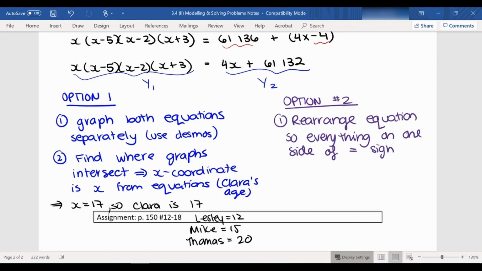Okay, so this would be something like if I had x times x minus 5 times x minus 2 times x plus 3, and then I would be subtracting the 4x and subtracting the 61,132, and then the right-hand side would now equal 0. You can also move it the other way. Then the second step would be to graph. You would only be graphing that one equation. You don't need to expand it, just plug it all into Desmos like that. And you'd be looking for the x-intercepts because it equals 0.